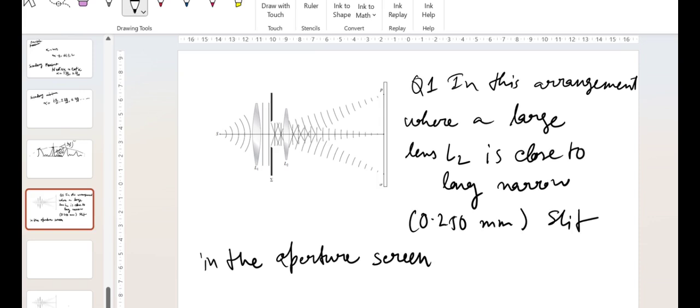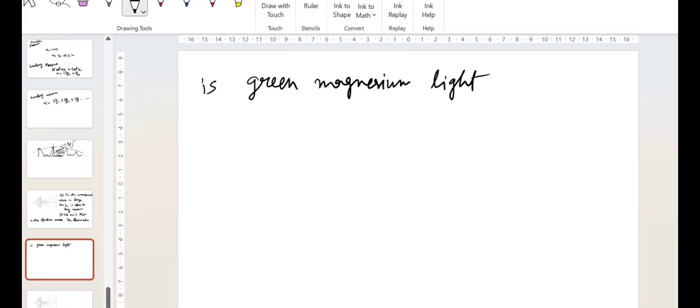The illumination is green mercury light at 546.1 nanometer.